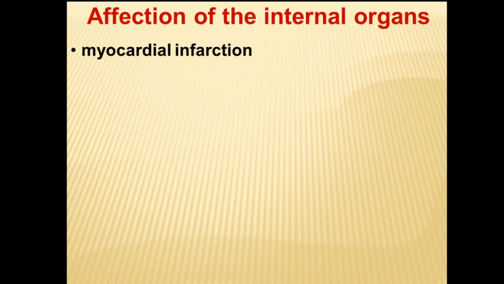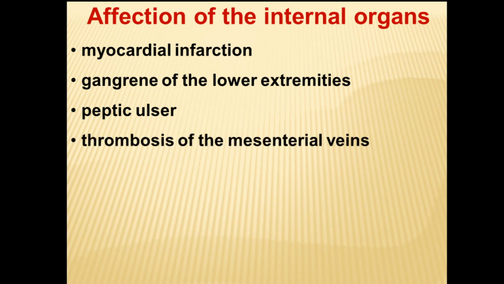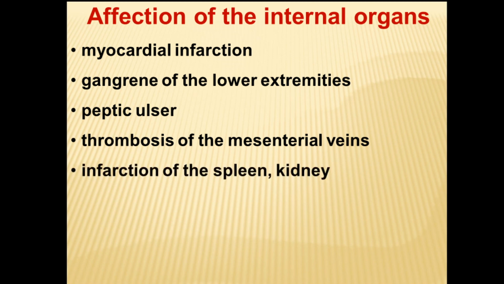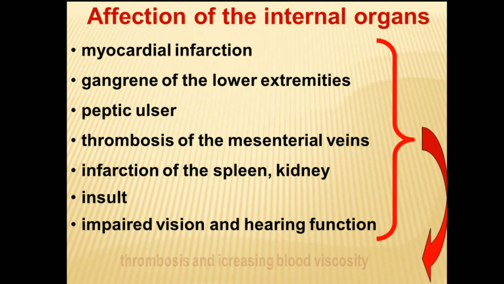Thrombosis of coronary artery, myocardial infarction. Thrombosis of peripheral artery, gangrene of lower extremity. Peptic ulcer. Acute abdomen due to thrombosis of mesenteric vein. Infarction of the spleen and kidney, brain stroke, impaired vision and hearing function due to thrombosis of peripheral vessels.